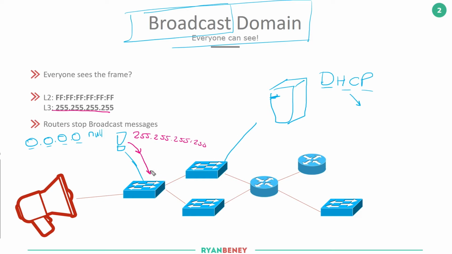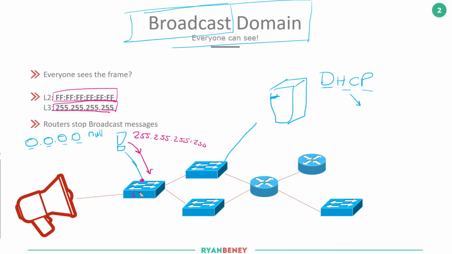It will be received in on the switch port. The switch will look at the destination, and in turn it will look at the frame of which the DHCP message was crafted with, and inside that frame it will actually have a layer 2 of all Fs, and inside that packet it will have a layer 3 of all 255s.